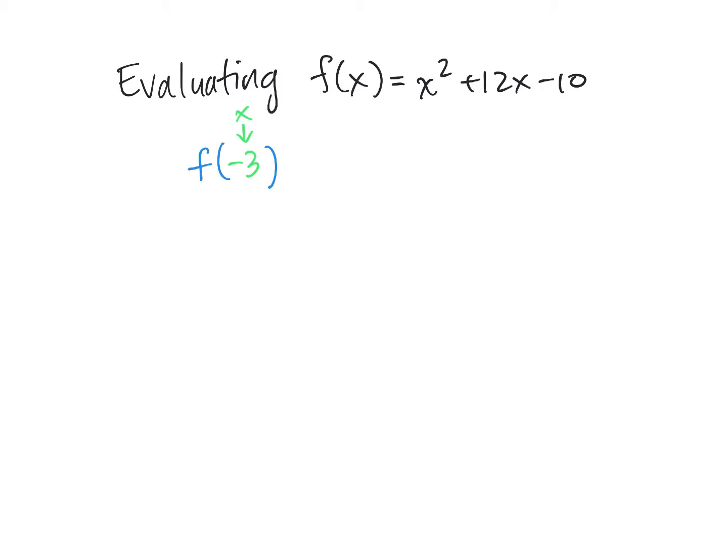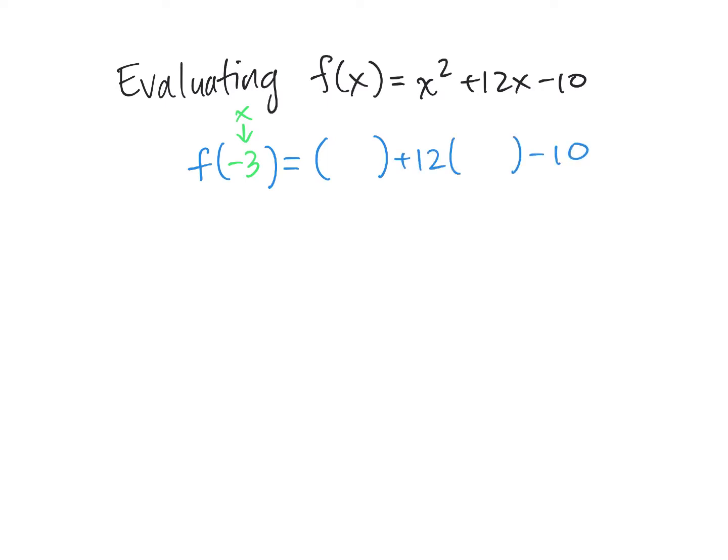So I'm evaluating this function named f at the value when x equals negative 3. That means I'm going to go to the original function, and everywhere there's an x, I'm going to replace that with a negative 3.